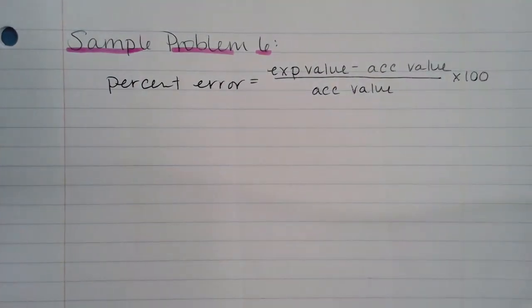So let's see what we have here. A student measures the mass and volume of a substance and calculates its density as 1.40. So that's what the student found. The correct or accepted value of the density is 1.40.